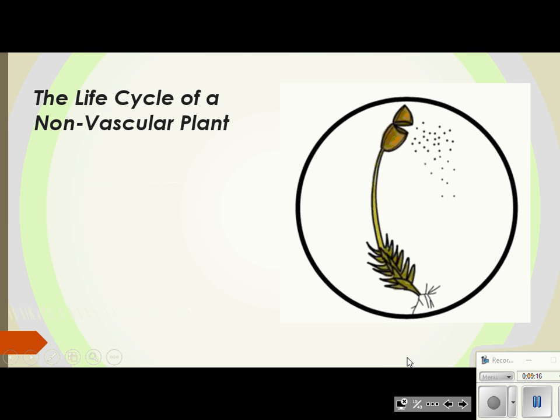Now, the life cycle of a non-vascular plant.